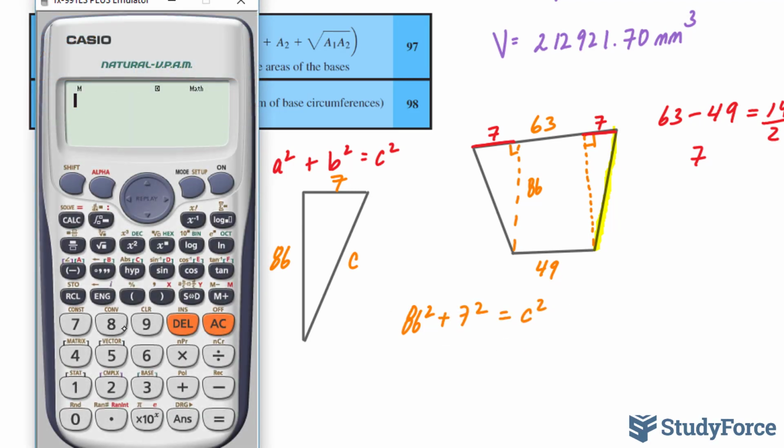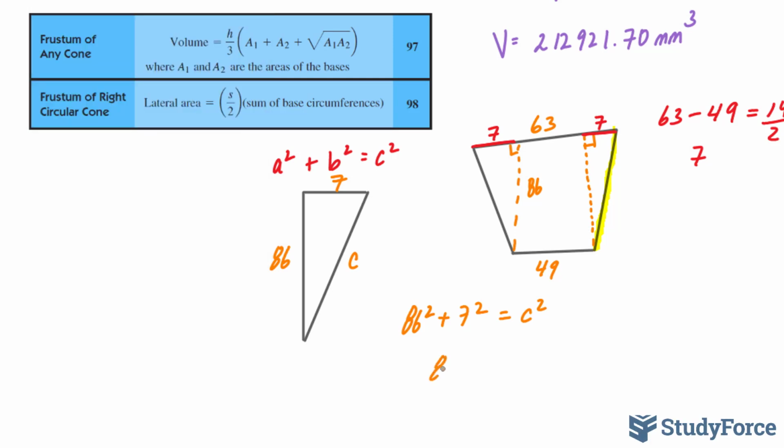We'll sum these up: 86 to the power of 2 plus 7 to the power of 2. Square root that. We have our hypotenuse of 86.28 millimeters.